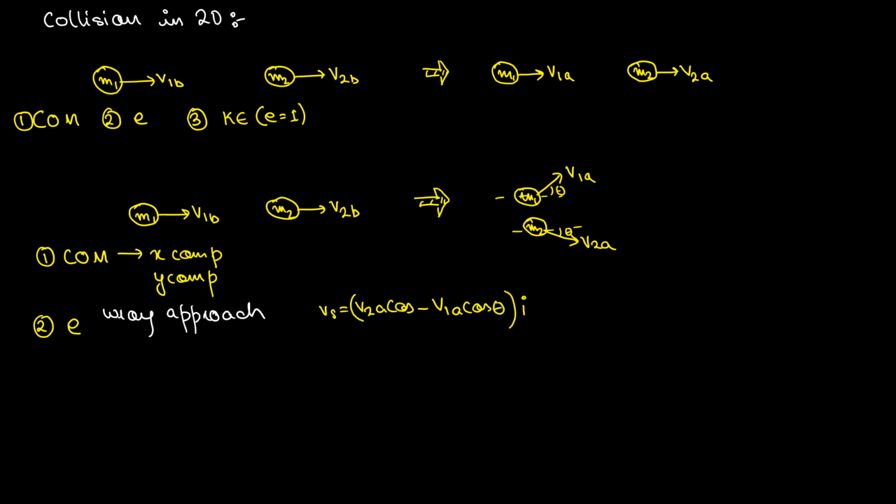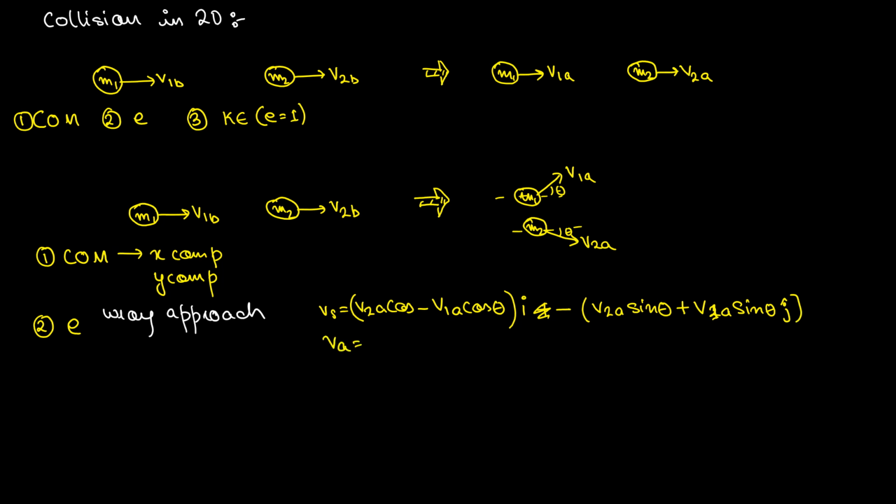And this is the y component of velocity also. If I take the observer out here, the velocity would be in this direction, minus v2a sine theta plus v1a sine theta j, isn't it?